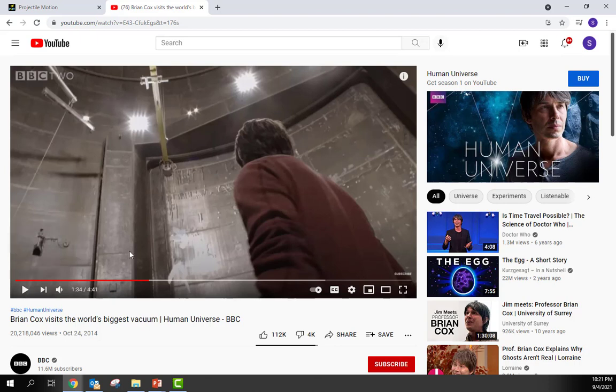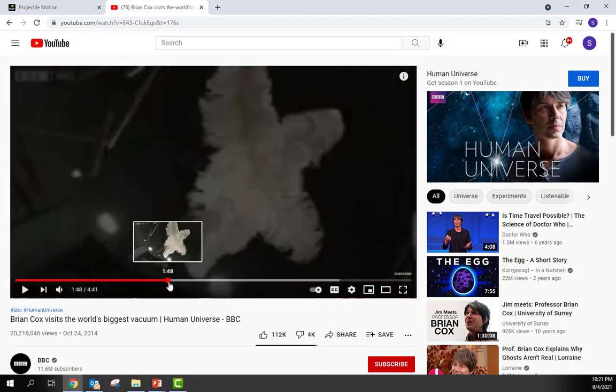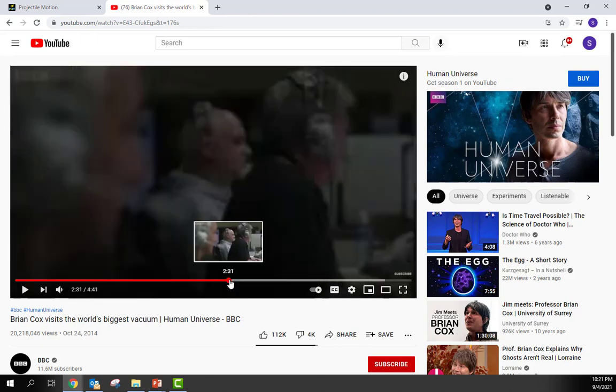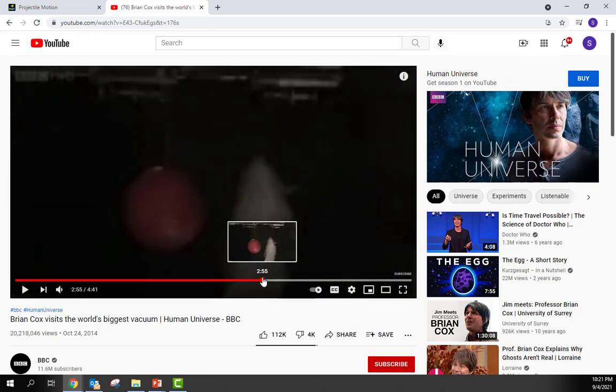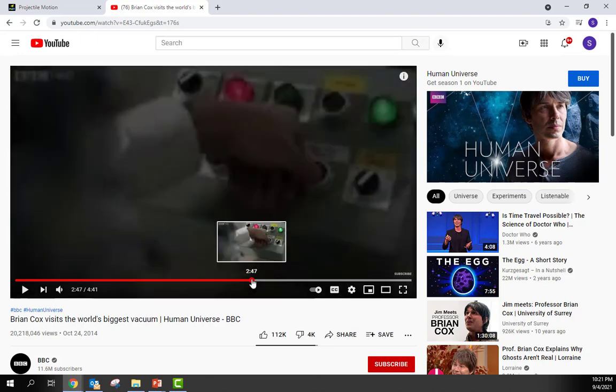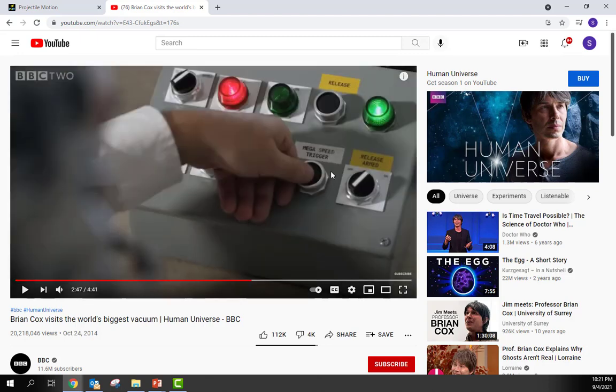If we now advance the video, you can see they're closing the vacuum chamber. Back up just a little bit. Okay, control room. You can see there's the trigger. That's going to cause the bowling ball and feathers to drop again.